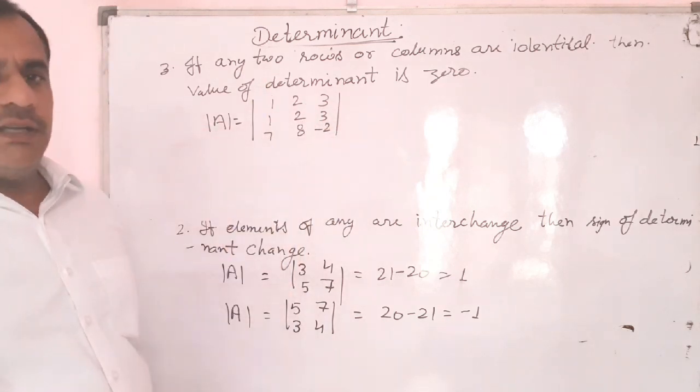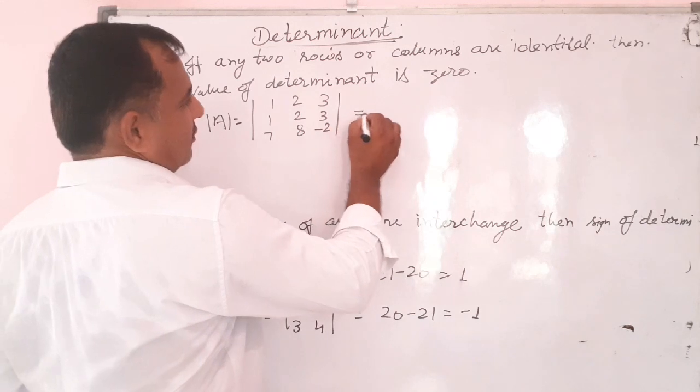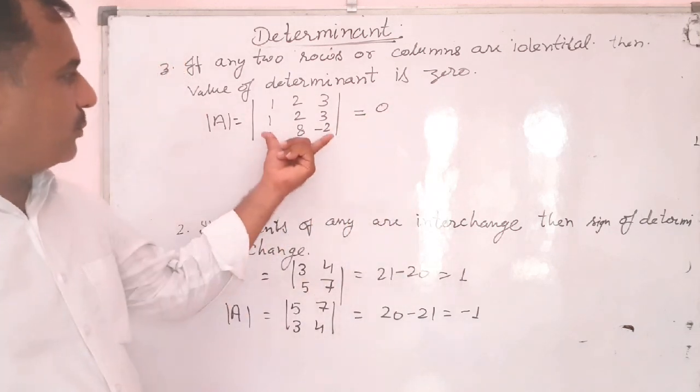R1 and R2 are identical, then value of determinant is 0, and we have used this property.